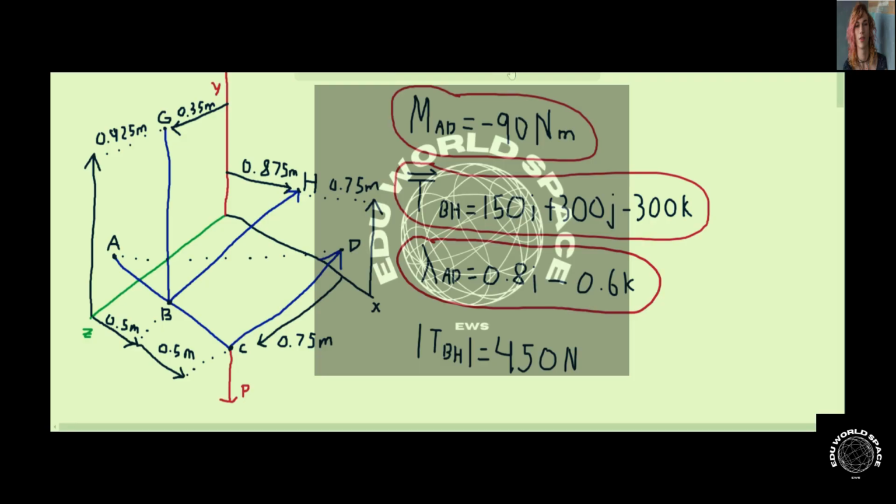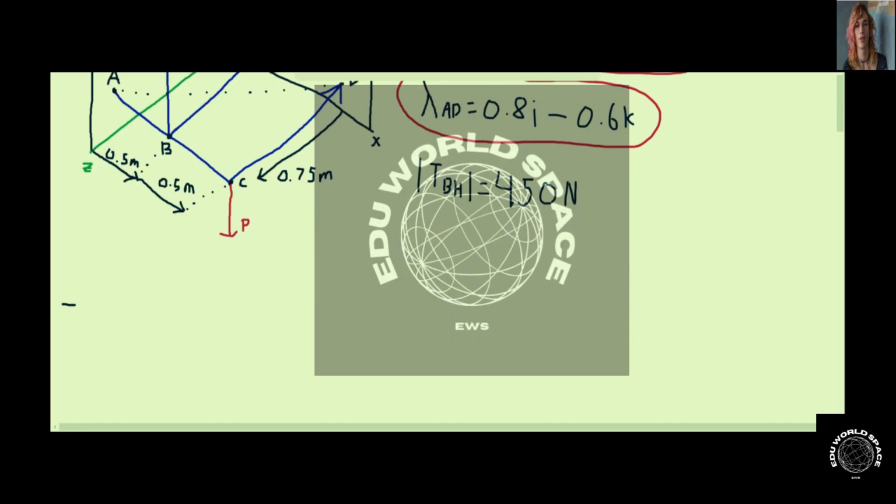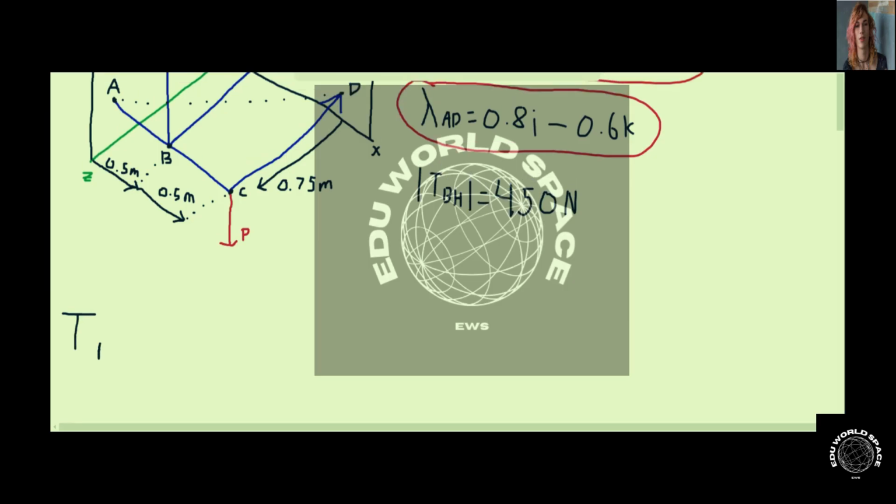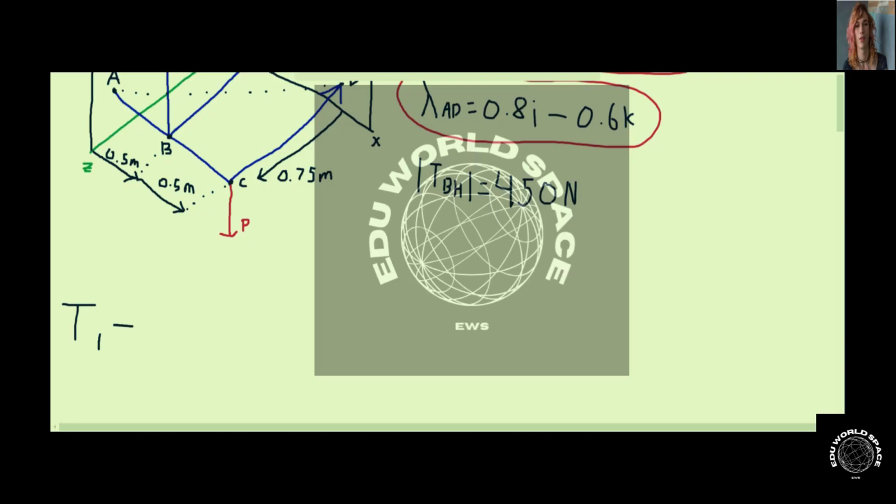So to start with, I'm going to first find the parallel component of this force vector. I'm going to label that as T1. So the parallel component of this force vector, we can do the dot product of this unit vector, so this unit vector dot the tension vector of BH.